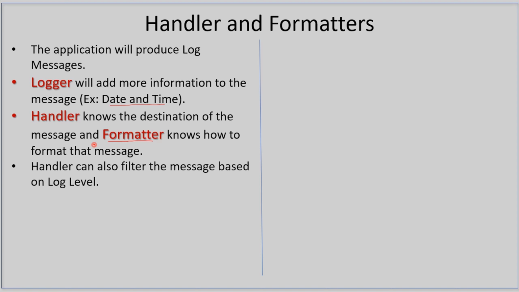Handler can also filter the message based on the log level. That means there are two levels of log filtering. In level 1, you can specify the logging filter at a global level. Then under each handler, we can filter the global message further.